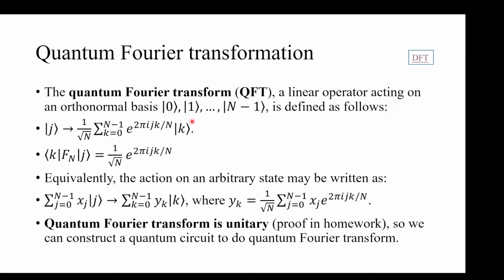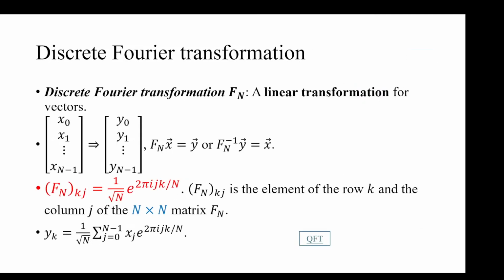These two definitions of the Fourier transform are equivalent. We change the discrete Fourier transform to have the vectors here being quantum states. So now we think of those two vectors as quantum states, and the quantum Fourier transform is going to transform an input state to an output state.